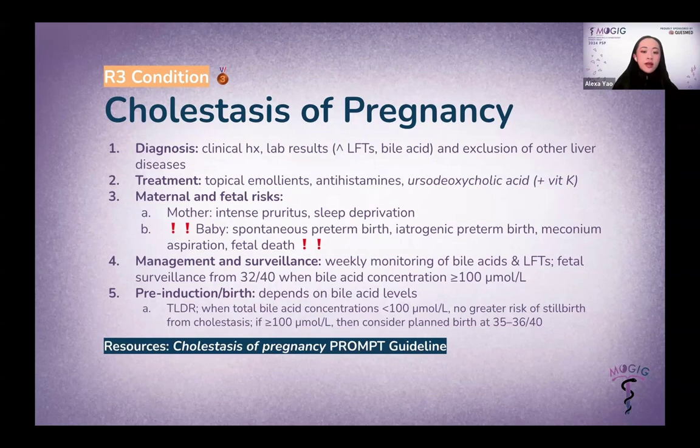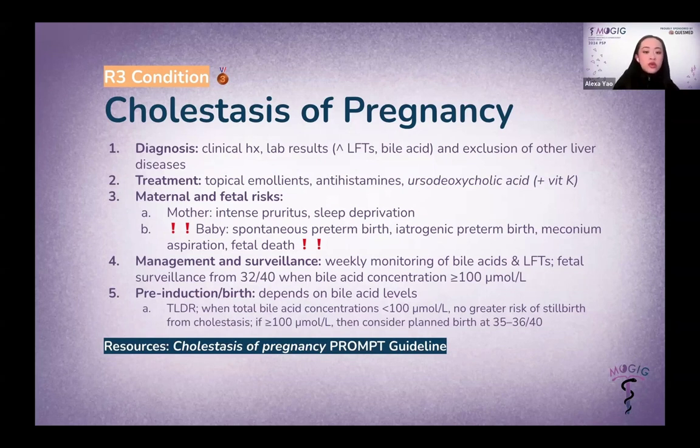Weekly monitoring of total bile acids and LFTs is recommended, as this also guides delivery planning. Fetal surveillance should start from 32 weeks gestation for those who have a bile acid concentration of 100 micromoles per litre or more, and the timing of birth also depends on these bile acid levels.